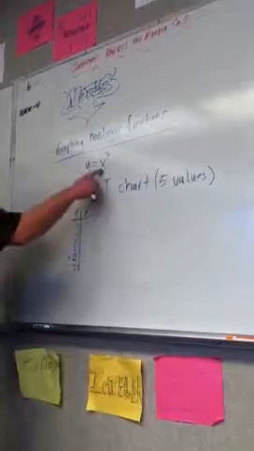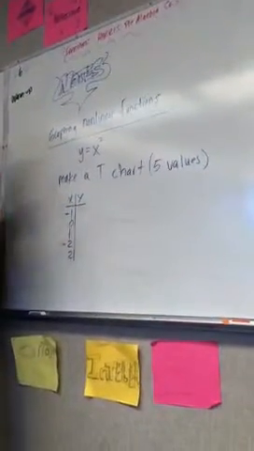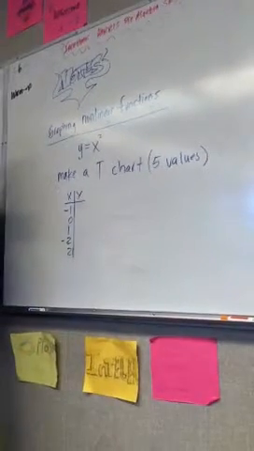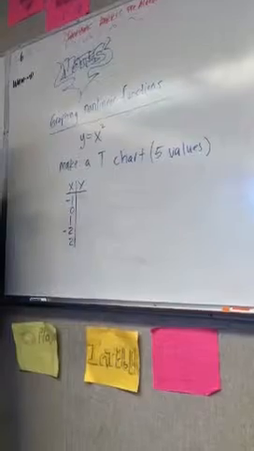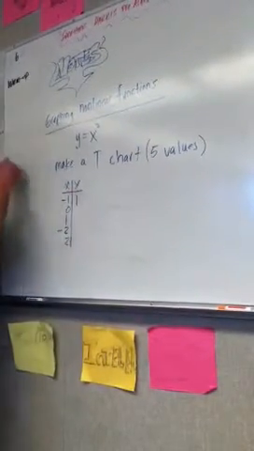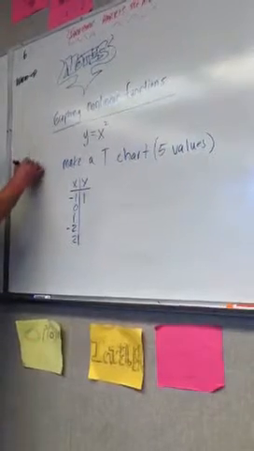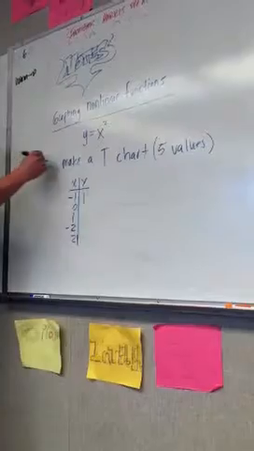What is -1 squared? -1 times -1 is? Positive 1, thank you. It's -1 times -1. Multiply same sign, positive every time.